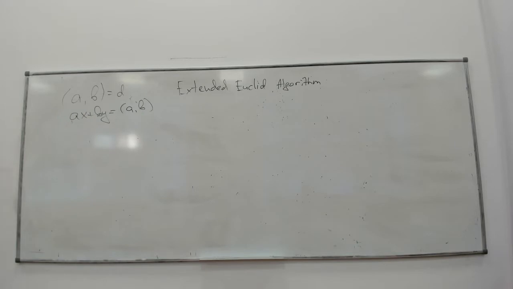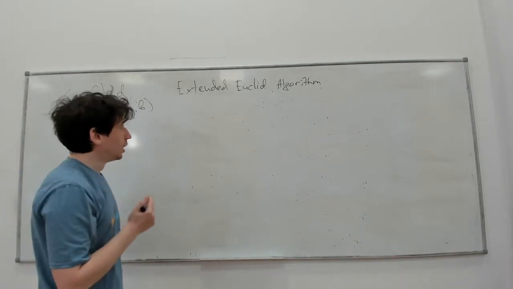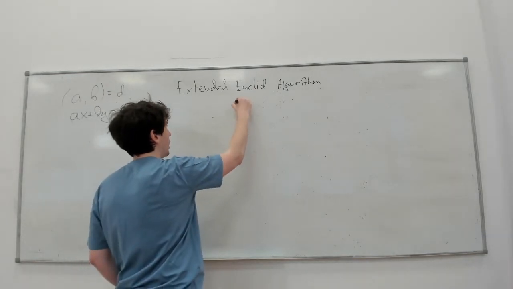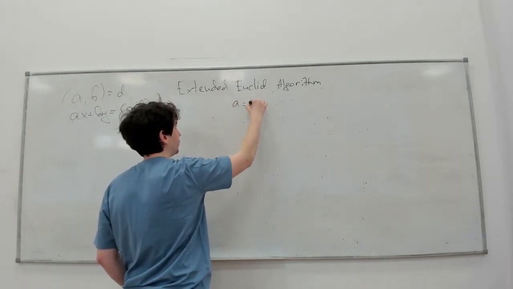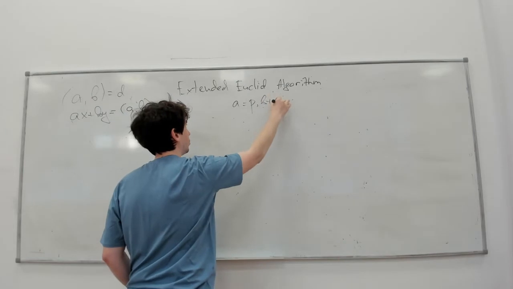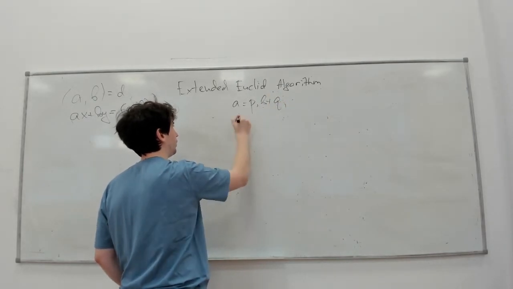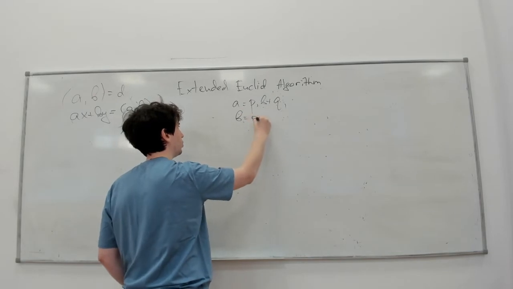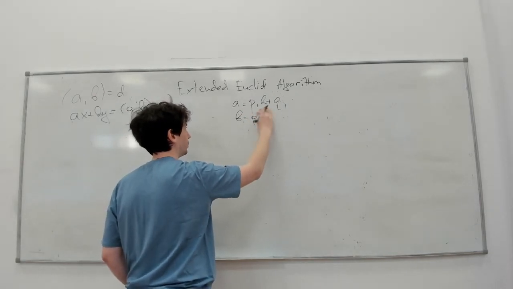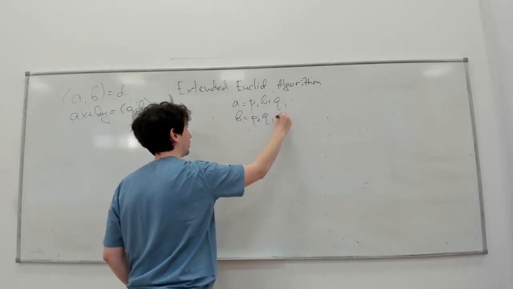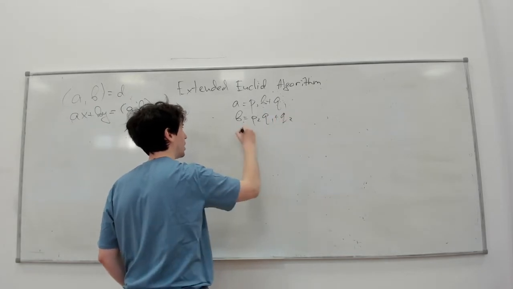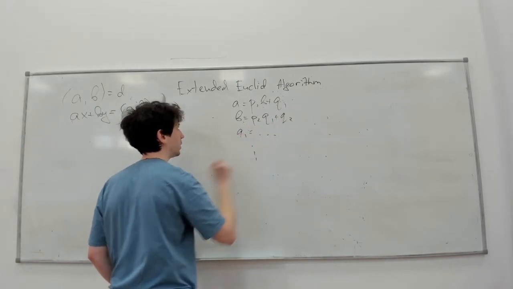We know our GCD algorithm works like this: A equals P1 B plus Q1, then B equals P2 Q1 plus Q2, then Q1 equals and so on.